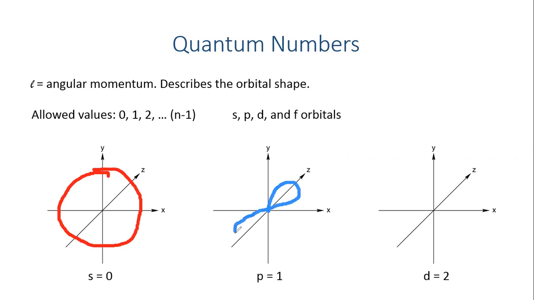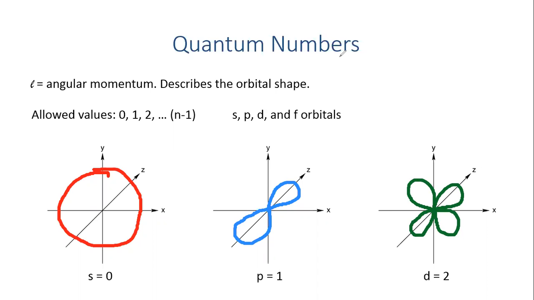Some people also call them dumbbells. So you can see it goes along kind of in an infinity pattern, but imagine them as two teardrops in 3D space. Going over to our d suborbital, most of the d suborbitals look something like four of these teardrops put together, kind of in a four-leaf clover pattern, just like that.